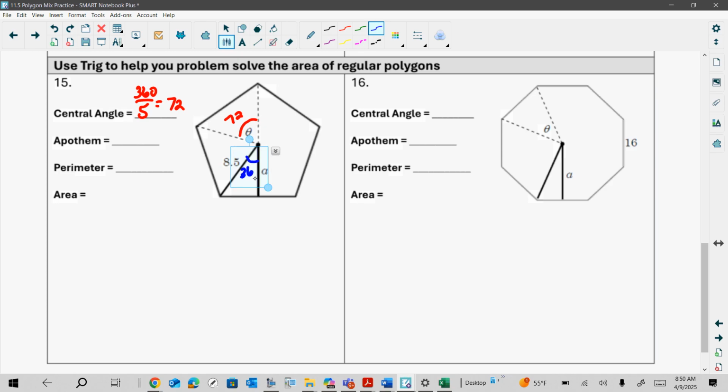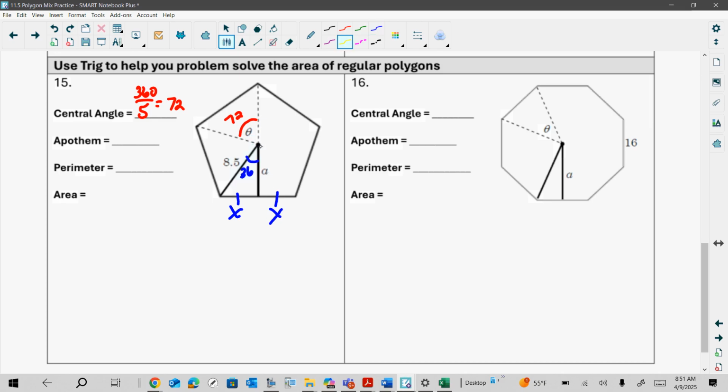Now you're using the trig ratio, the trig equation, to find the apothem. You need the apothem to get to your area, but we also need to find, and I'm going to make a marking here, we need to find the x, because we need that to find the perimeter.